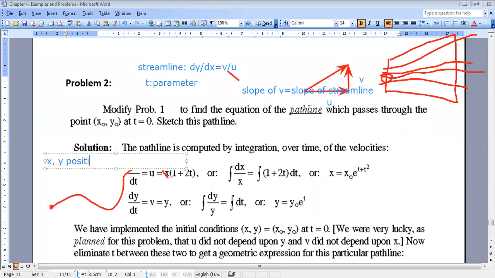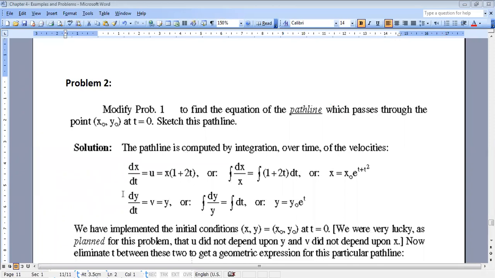And since you want its velocity, because it will follow the flow field, dx by dt will be given by the u component of your fluid flow, and dy by dt will be given by the v component. Now, since they gave us u and v, we know the value of u and the value of v, and we replace in the equation.